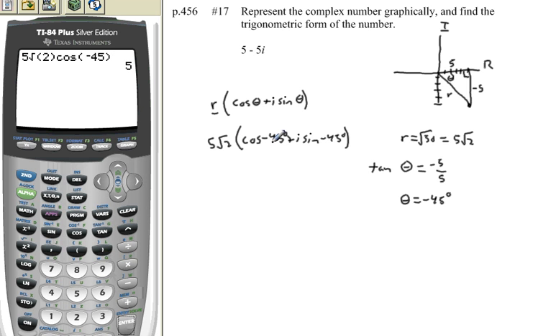If I do 5 times the square root of 2 times the sine of negative 45 degrees, I'll get my imaginary part. And there's my imaginary part. So if I distribute this 5 square root of 2 times both of those, I will get what I have up here, 5 minus 5 times i.